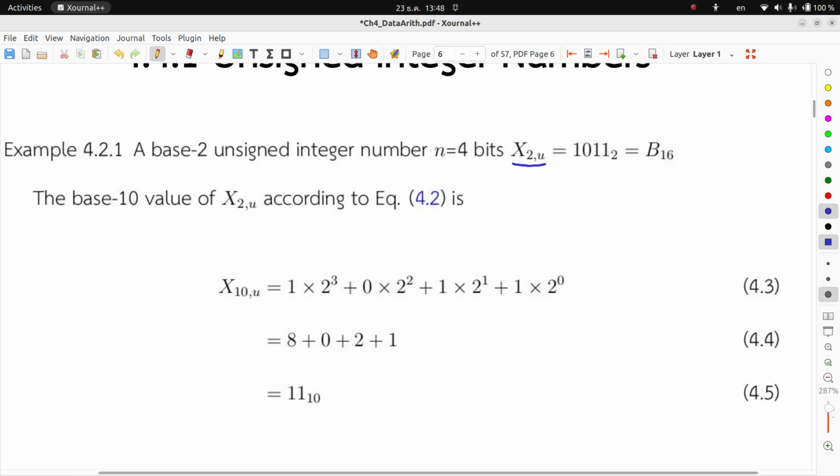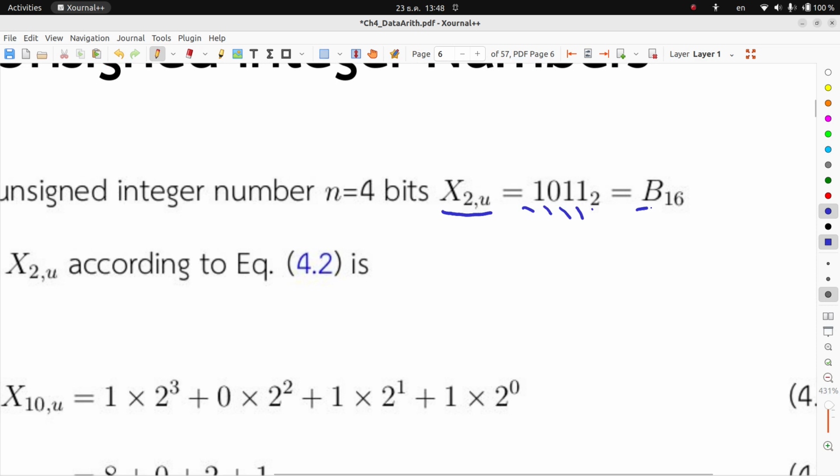X base 2 is 1 0 1 1 base 2, which is B base 16. Okay? Which is what in base 10? 11. Because you know that A is 10, B is 11.